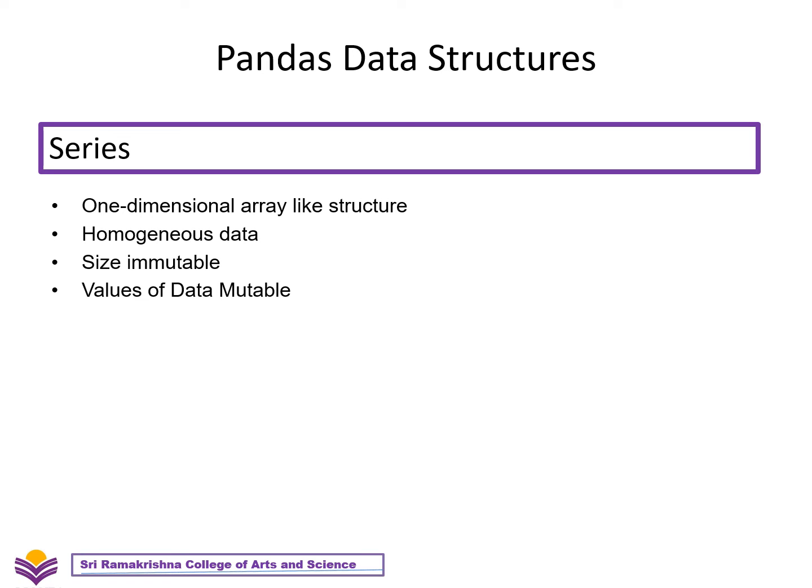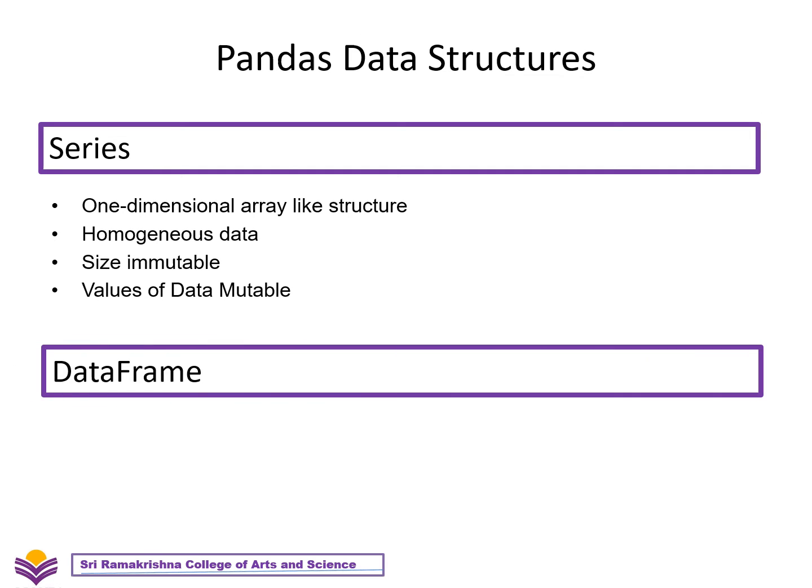The size of the series is immutable, and the values of this series are mutable. The size cannot be changed, but the values are mutable. So series is a one-dimensional array-like structure, and it can have only homogeneous data.